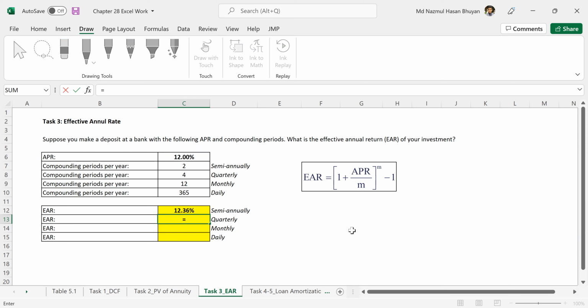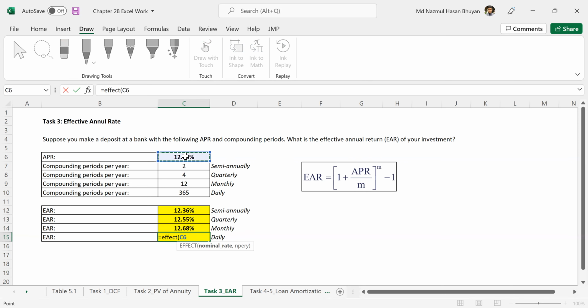Same way, if your interest rate compounds quarterly, then total number of time periods per year you have is 4. Then your effective annual rate is 12.55%. Then if your interest rate compounds monthly, then your effective annual rate is 12.68%.